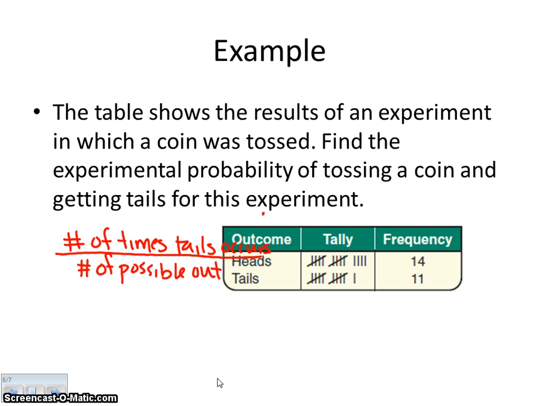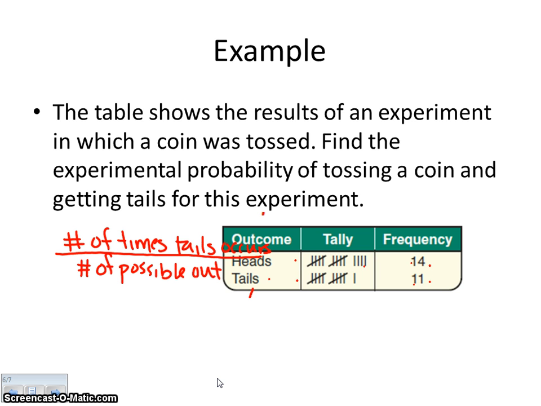Okay, so let's look at what we're given. We've got heads, we've got tails, and they've given you a frequency chart so you don't have to tally up all those little tallies. So somebody flipped a coin, and he got heads 14 times and tails 11 times.